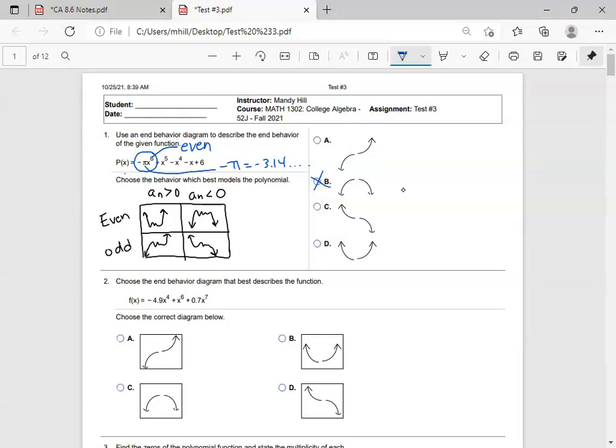Okay, be careful about this one. Which one is your leading coefficient, or leading term, rather? You want the highest power, you're absolutely right. You want the highest power exponent on your x, which is going to be x to the 7th. 7 is odd.